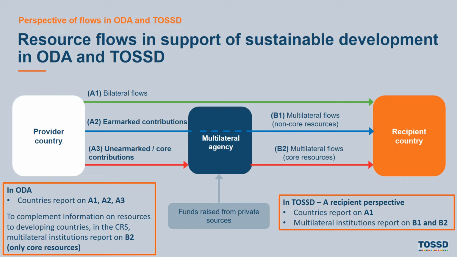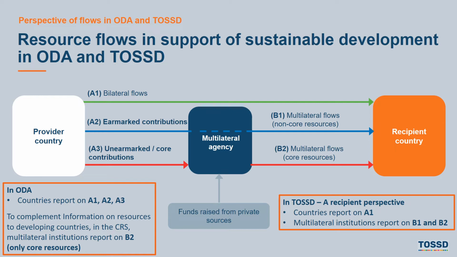So in ODA, because ODA is primarily focused on donor country effort, countries report on A1, A2, and A3. And to complement information on resources to developing countries in the CRS system, multilateral institutions report on B2, only on their core resources.